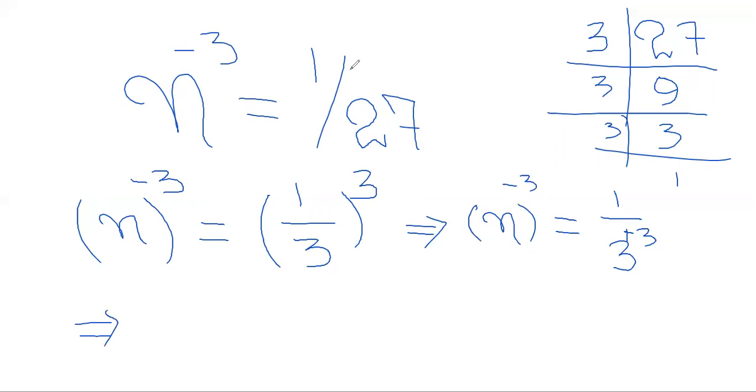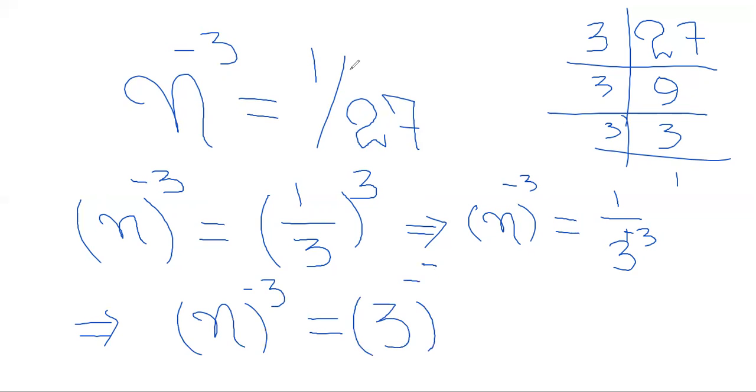So what I am going to do now, n and minus 3 as it is, and this 3 is now becoming negative. Am I right? Right. This is going up, so that's why it is changing the sign of the exponent.